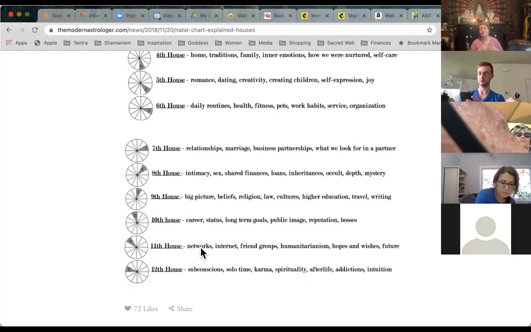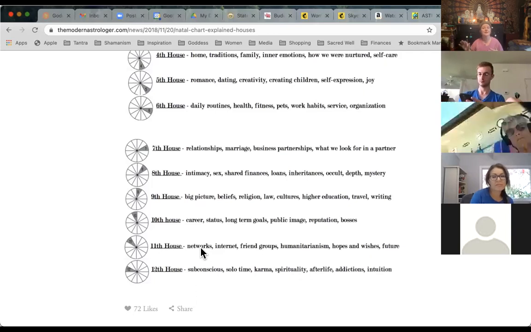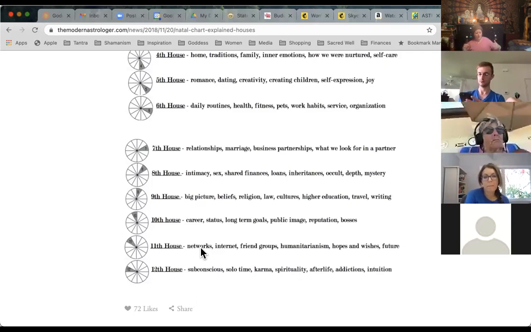So this is another relationship house that you can juxtapose with that 7th house. So whether it's the card that's in the 7th house or planets in the 7th house, you're going to want to look at those in context with the 11th house. You're going to want to see what relationships exist there.